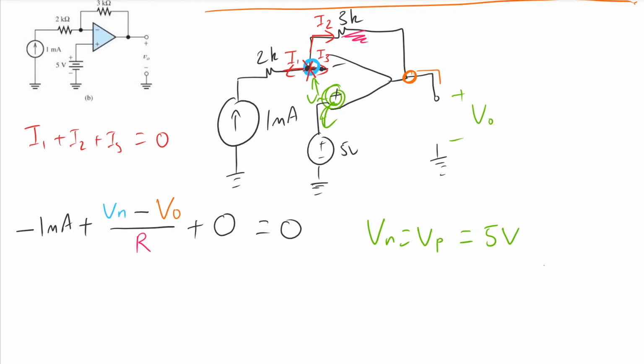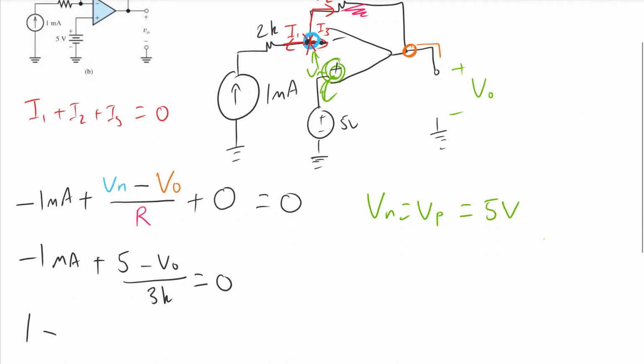So we can sub that into our equation from above, so we have negative 1 milliamp plus Vn, which is Vp, now substituted as 5, minus Vo over R, where R we can also substitute in as 3K, equals 0.